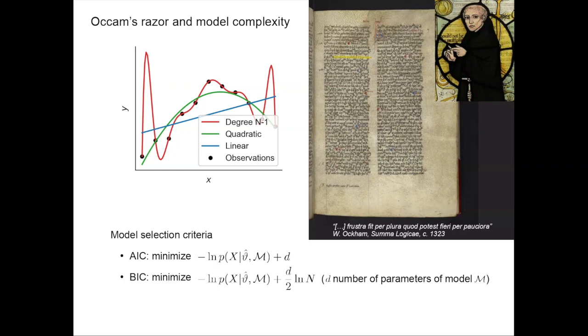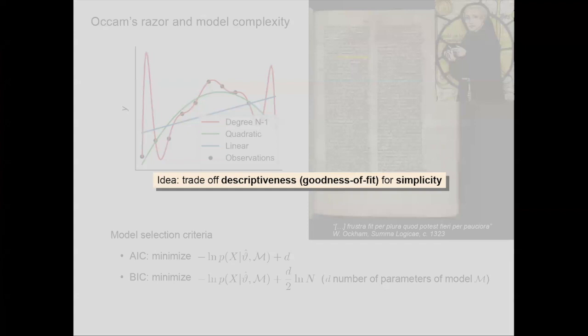And there are all sorts of other devices in statistical inference, machine learning, et cetera, that reflect or implement this assumption. But the general idea is always that you're going to be trading off some measure of descriptiveness or goodness of fit of your model with respect to your data in exchange for a little bit of simplicity, because you expect that simplicity is good for some reason, like the ones that we just mentioned.